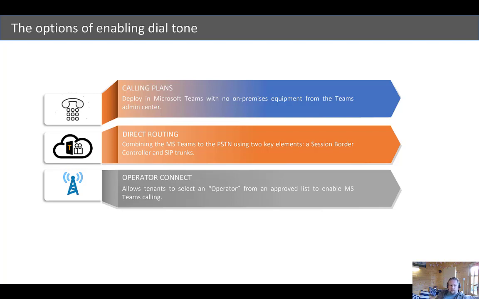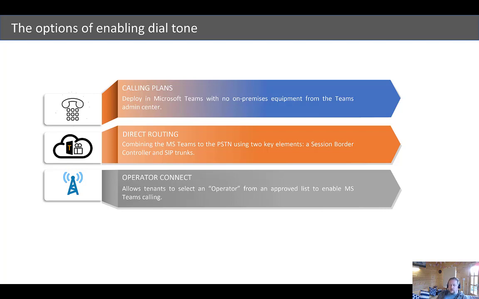And then the third and the newest of those is Operator Connect. Operator Connect has tried to fill a few gaps from Microsoft's position. The first of those is that direct routing is really good at delivering that connectivity into Microsoft Teams, but not all direct routing service providers are made equal.